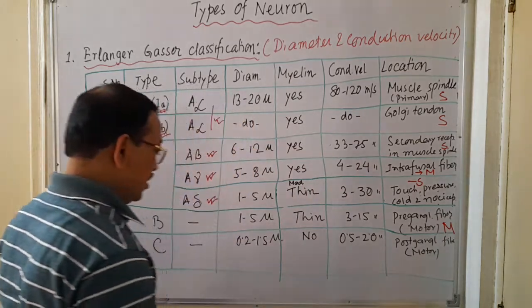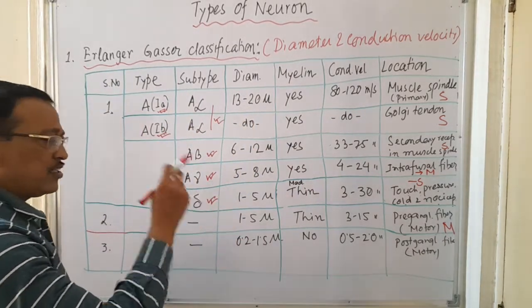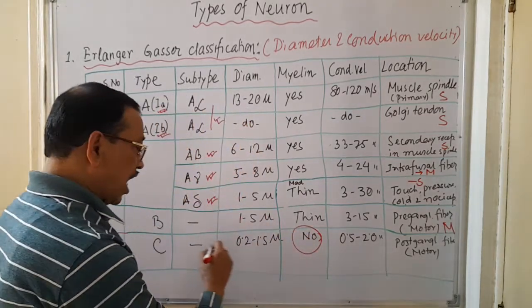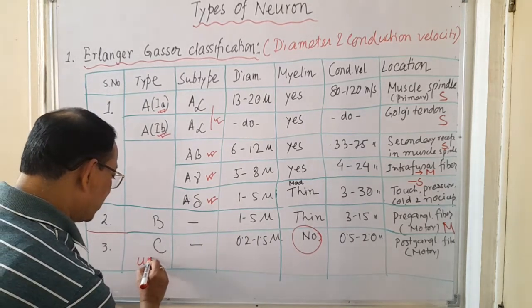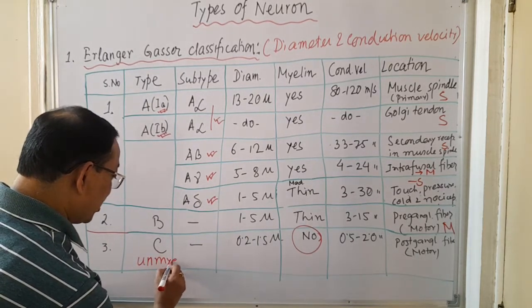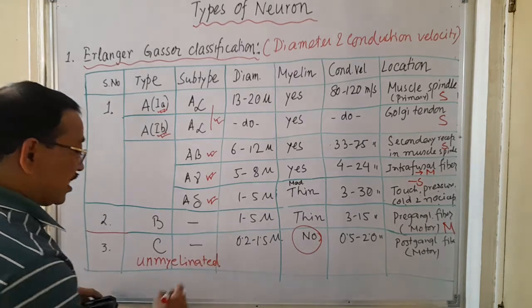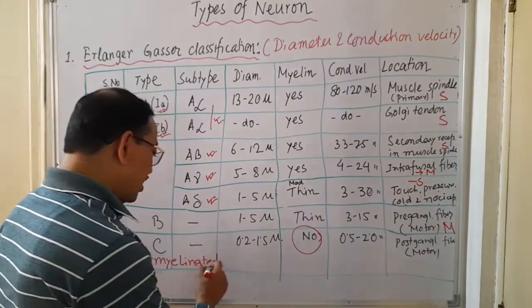And finally, C type of fibers, diameter is very less because it has no myelin sheath. It is unmyelinated fibers. Generally, these are the vagal fibers, unmyelinated fibers.